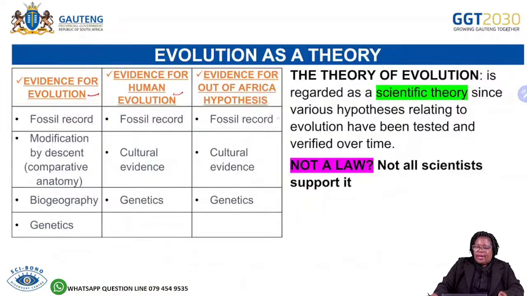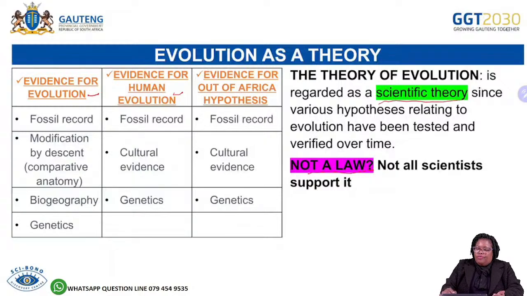Now let us check. The theory of evolution here, according to scientists, is regarded as a scientific theory. It's a theory. However, we cannot say theory of evolution is a law. This is not a law, because not all scientists support evolution theory.